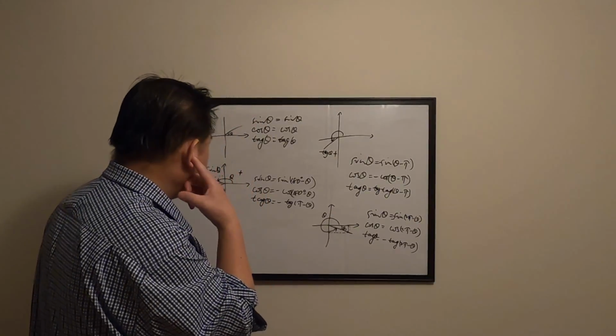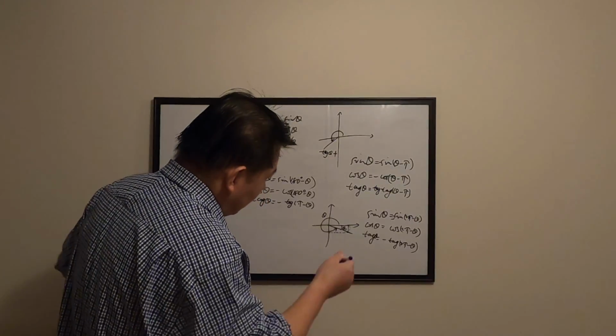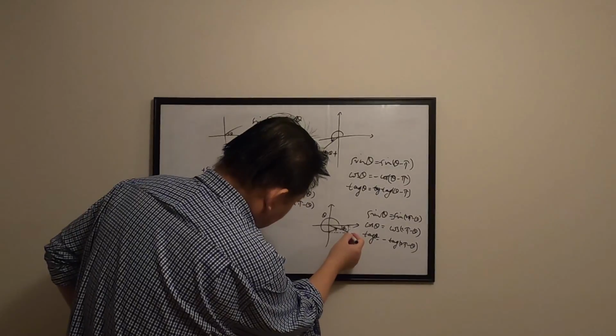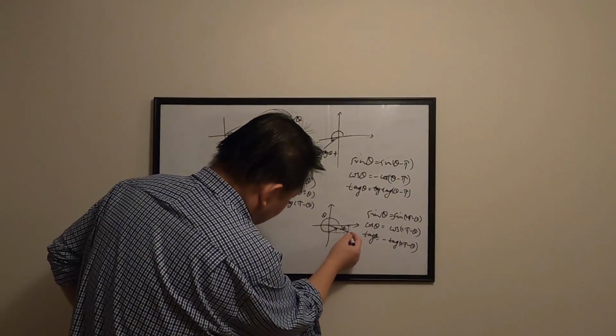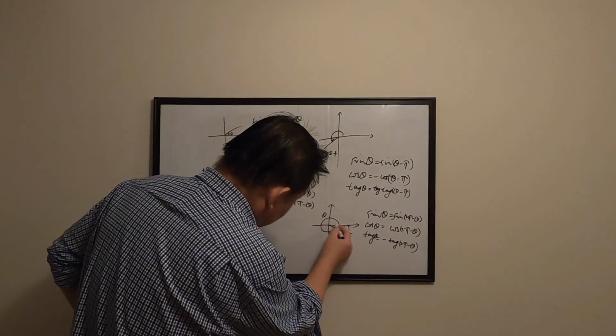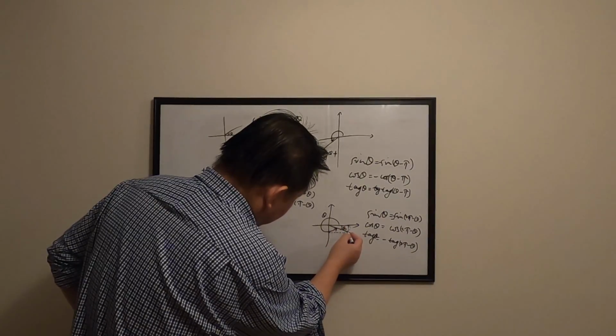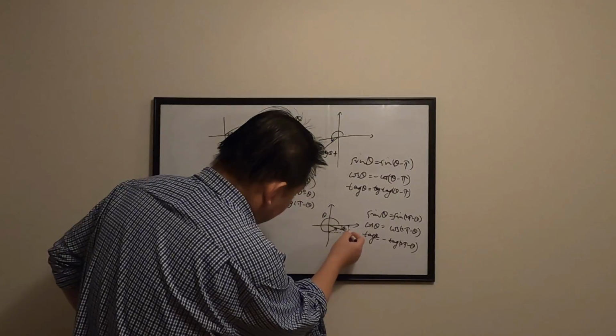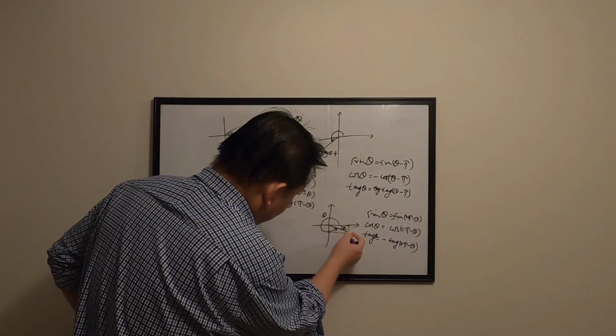So you can also use the definition to find it. For example, you want to find this angle theta at this point. Through this point, you can find its x and y.